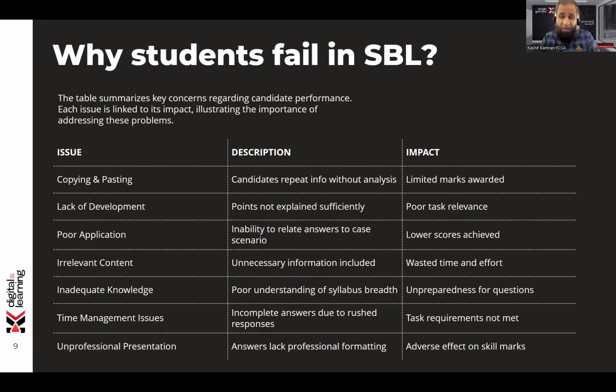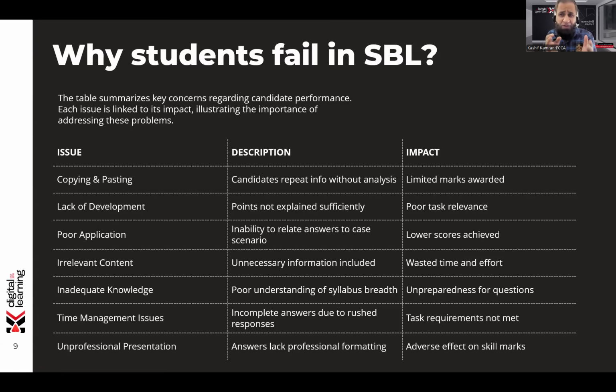Inadequate knowledge. If you've not covered the syllabus area in full, you might struggle on the day of the exam because there might be questions like advantages of diversity. Now, advantages of diversity is a knowledge-based topic which you need to adapt to the scenario. But if you don't know the advantages of diversity, how would you adapt to the scenario? Or something like we saw in the December 23 paper, which was around NC Tech.